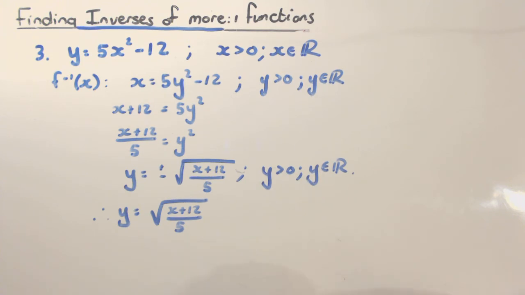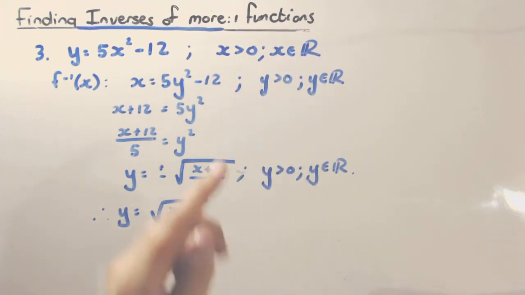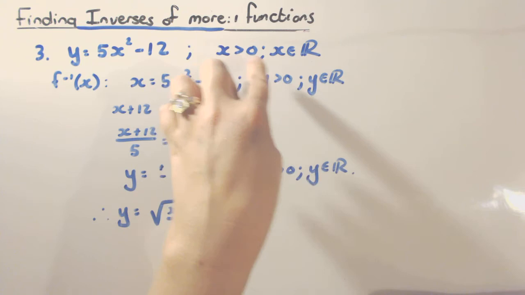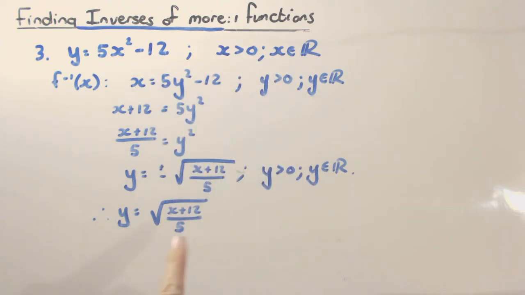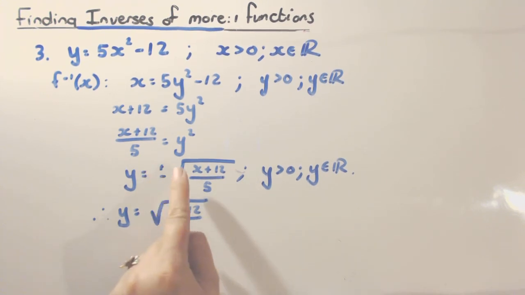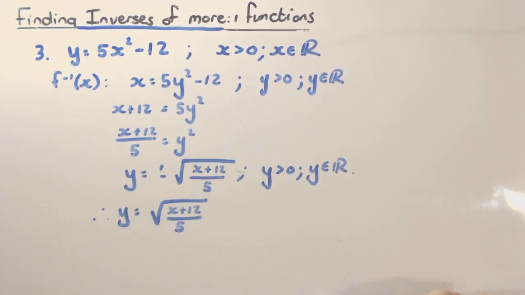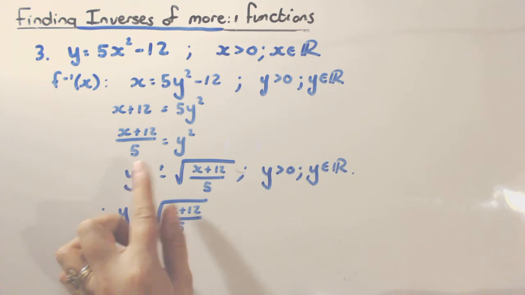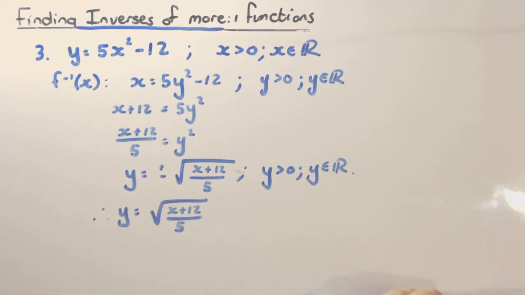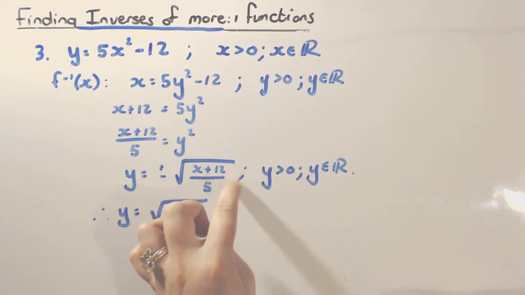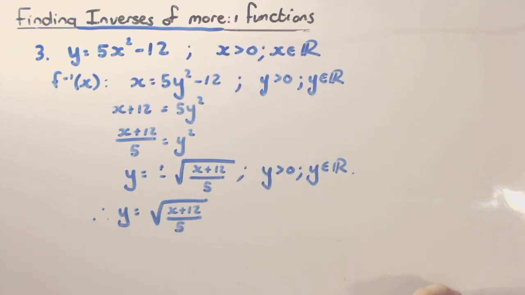The usual one that we will use is the positive one, but you can make this negative, smaller than 0. Then you just have to place a negative there in front because then you chose the smaller than 0 root, so you've got the negative answer option, which is also a function anyway, so that's also fine. Alright, so there we go with finding the inverses of more to one functions.